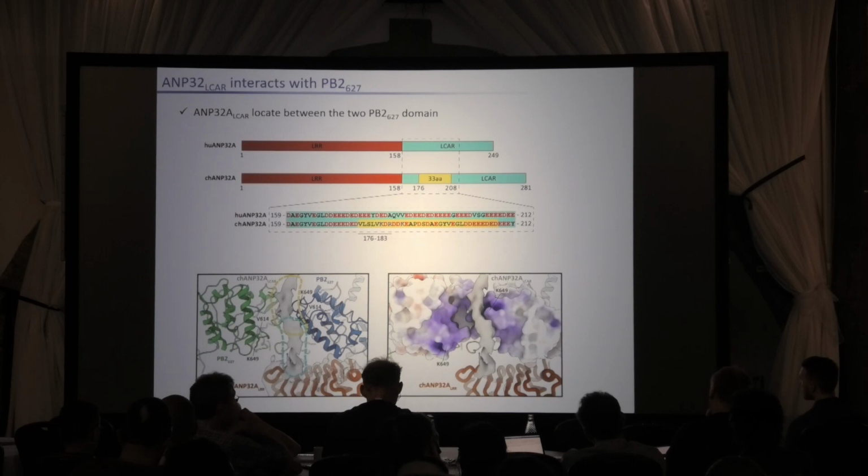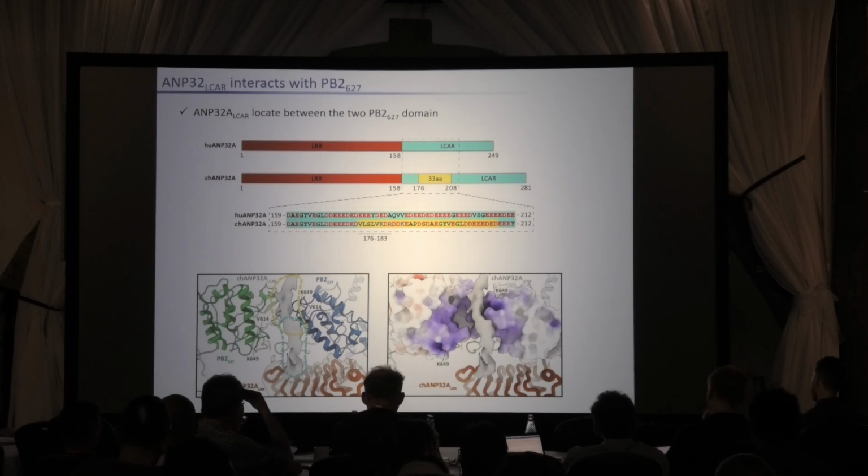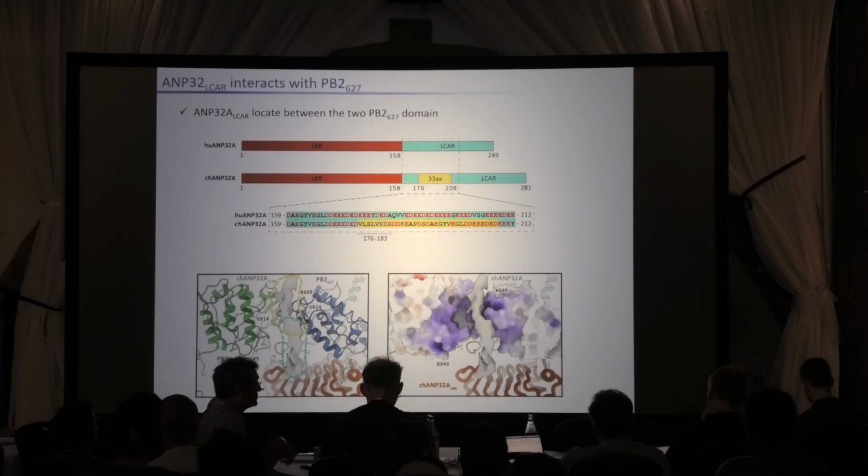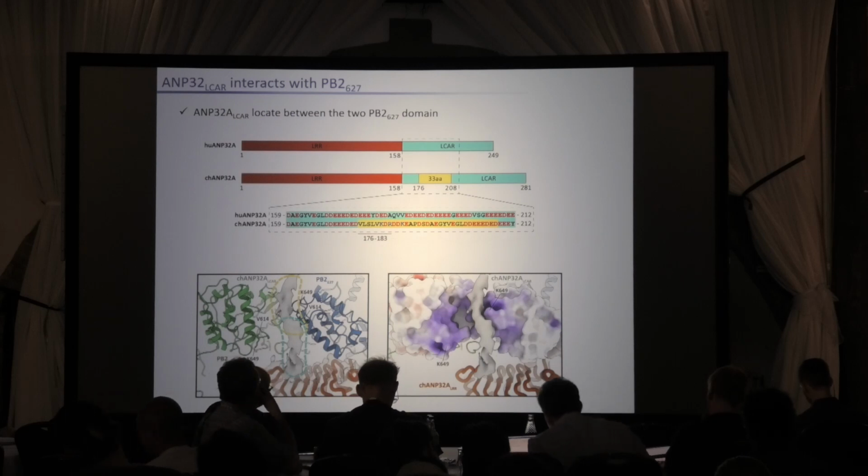Now, in terms of the adaptation and the adaptive mutations, when we contour down our maps from our cryo-EM, we can see at low resolution a tube of density running between the two 627 domains that have come together.